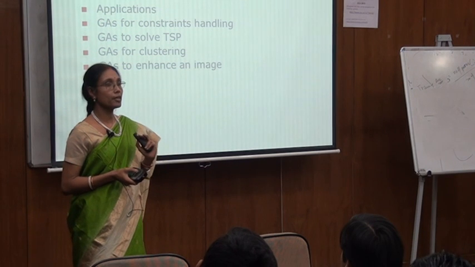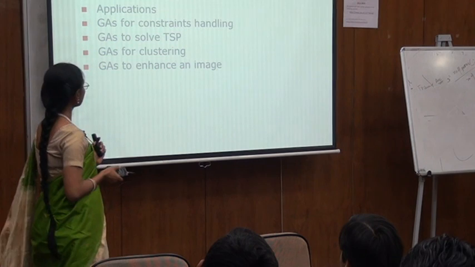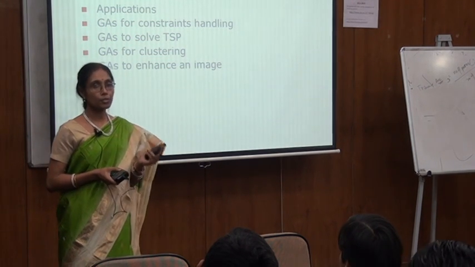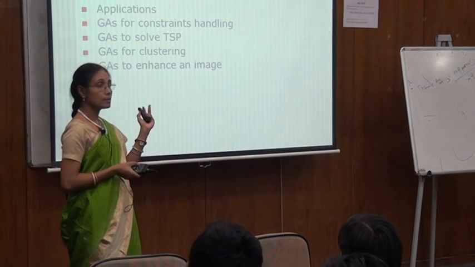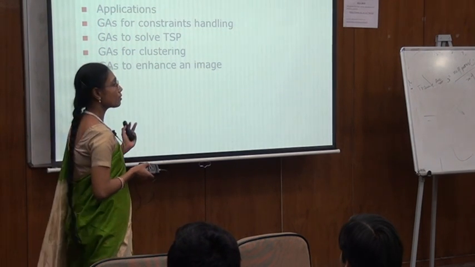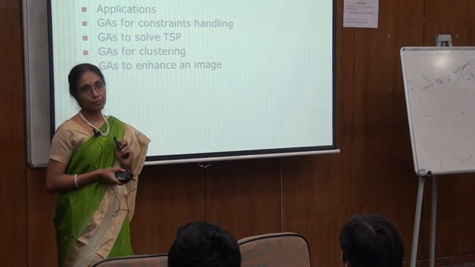In short, I would like to inform you of these particular things. One is constraint handling. Another is solving the traveling salesman problem, a combinatorial optimization problem we all know. The third is clustering, a pattern recognition task, and the fourth is an image processing task, how to enhance an image.